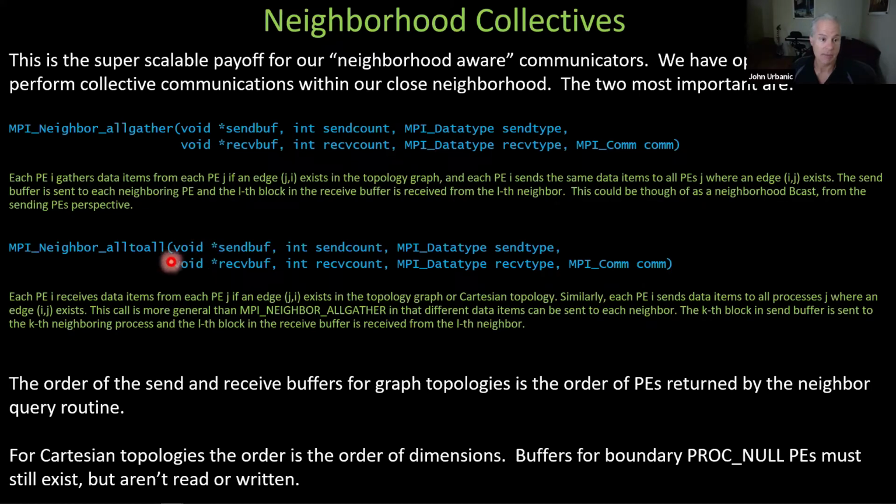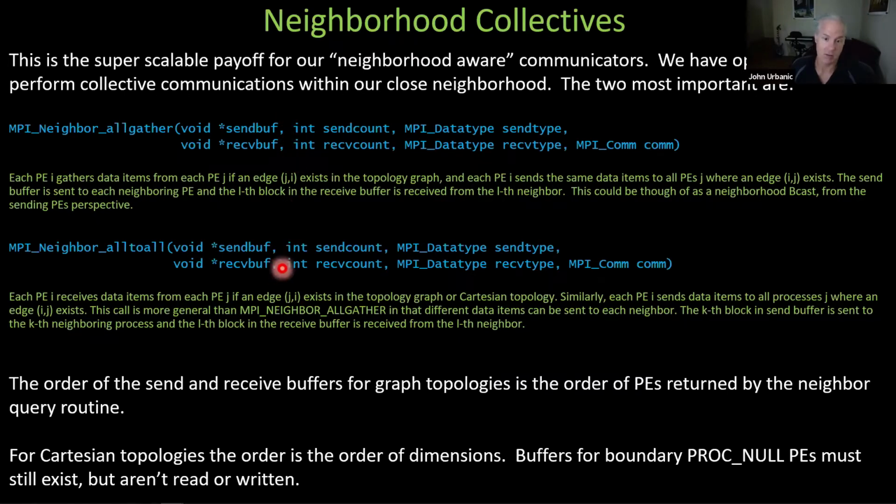So here's one that's even more flexible. Again, if you read through the description, you have to read it a few times to make sense of it. But what it amounts to is this will allow you to also communicate with all your neighbors, but even send different types of messages to each one of your neighbors, or different amounts of messages. So the bottom line being that after you set all of this stuff up, your communication and your code actually turns into one nice, simple MPI call.